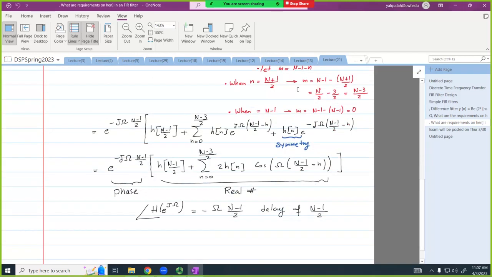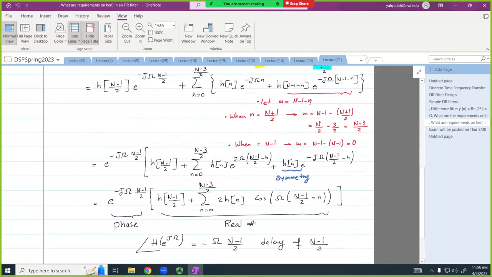So then, when we look at this summation here, we can write this as 2 multiplied by h of n, and we can replace the phases with a cosine of omega multiplied by ((N minus 1) over 2 minus n). And therefore, this is going to represent the magnitude of the frequency response, and this is going to represent the phase of the frequency response. And as we can see, the phase is linear. The phase as a function of omega is just a constant multiplied by omega. And therefore, we have a linear phase.